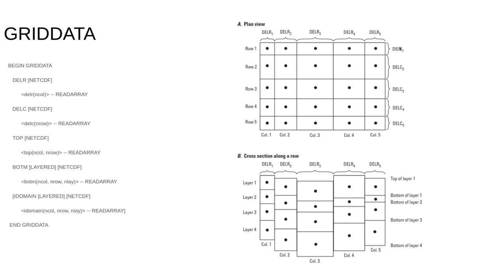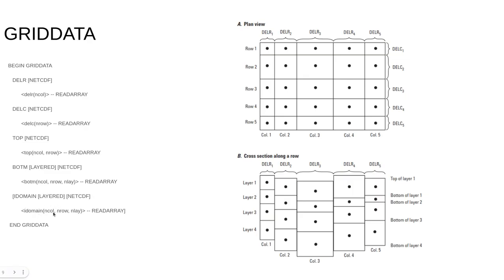Similarly, we have delc, which is the spacing along the column direction, and then we also have the top of the model, which is the uppermost elevation. Then after that, we have an array of ncol by nrow by nlay, so for each grid cell, it'll have a bottom, right?